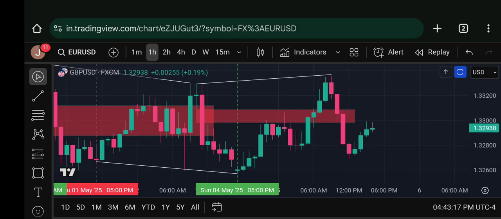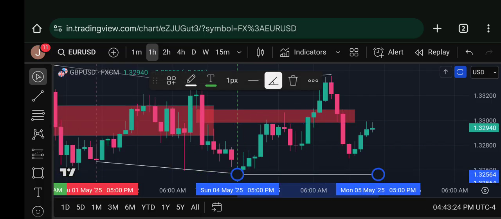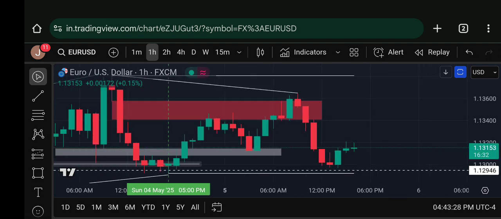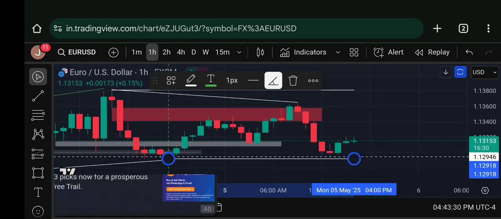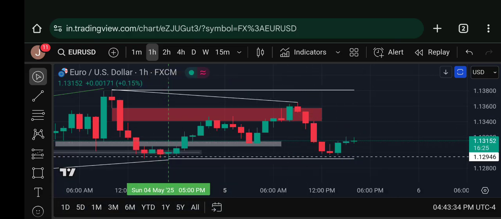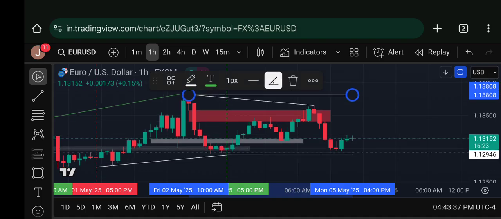Now my anticipation is that GBP tomorrow will sweep these lows, whereas Euro will only sweep this low, that is 1.1291, and then continue to this high here, that is 1.13806.